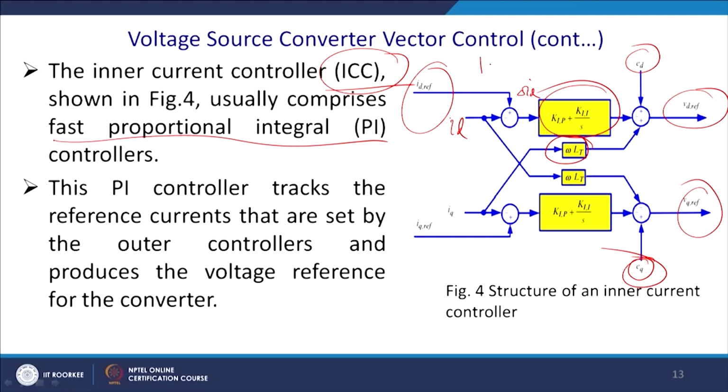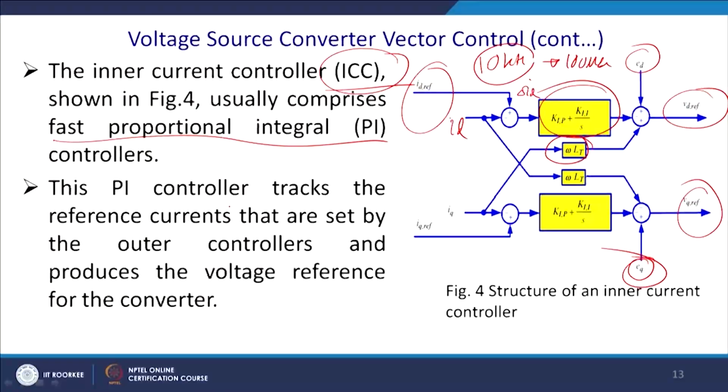So, if you have a 10 kilohertz switching frequency, that means you will get around 100 microseconds, and we expect that within 10 cycles you will compensate an error. Then your bandwidth is required to be 1 millisecond, so that will be quite a fast controller.